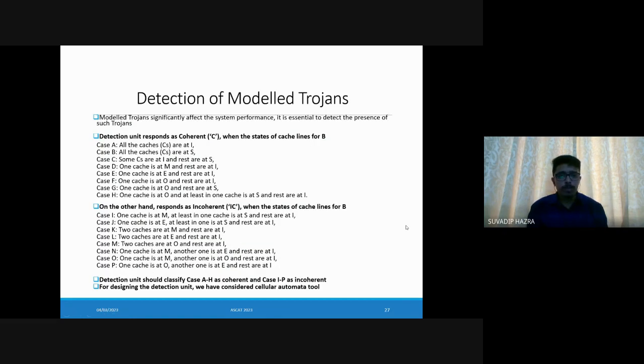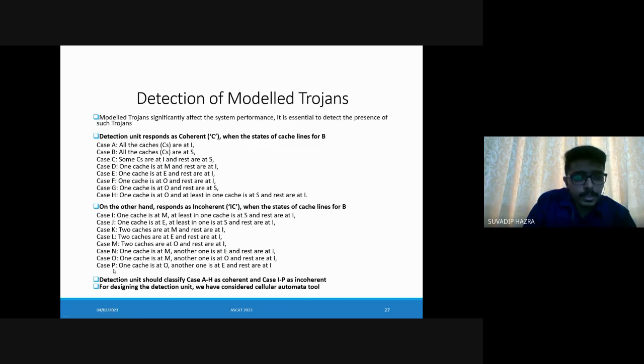What we observe is that during execution, a total of 16 possible state combinations can occur. Cases A to H indicate the valid, coherent states. Consider case D: one cache in M state and the rest in invalid state. This is a valid state combination. So A to H are the coherent states, and cases I to P are the incoherent states.